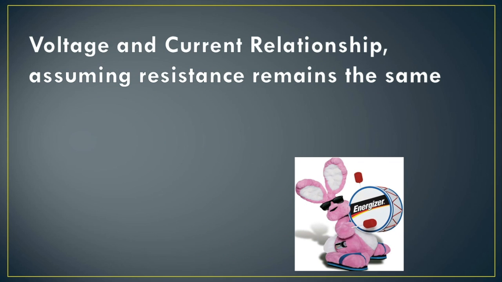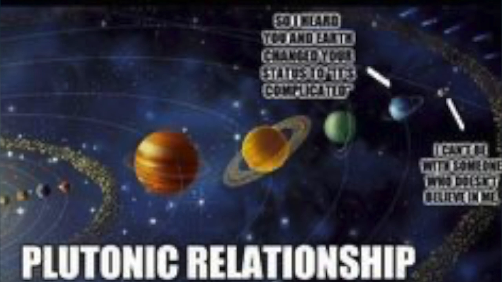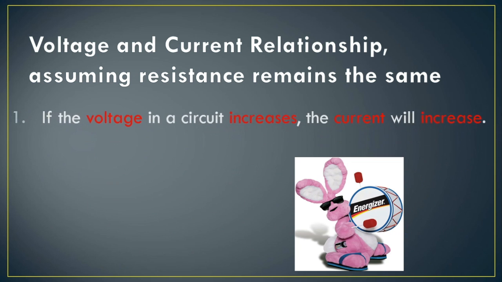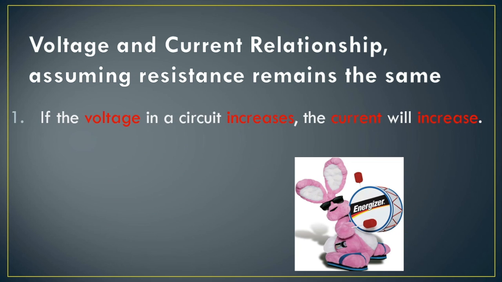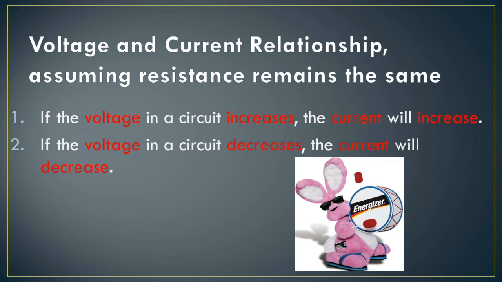So let's talk about the relationship between voltage and current, assuming that resistance is remaining the same. We can say that if the voltage in a circuit increases, the current will increase. And that just means as we're supplying more and more energy to that circuit, the current is moving faster and faster. If the voltage in a circuit decreases, the current will decrease.